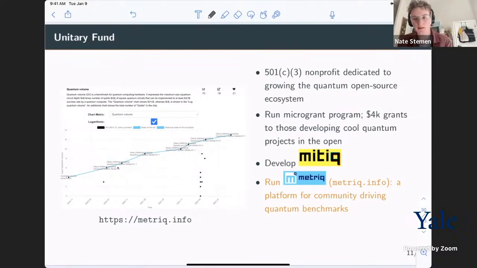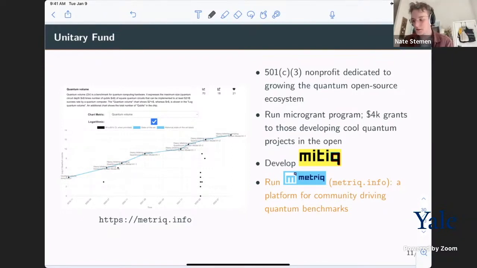The idea being that as we are building as an entire ecosystem and as a community, as we're building quantum computers, some of them are going to be better at certain things than others. And it's important to understand which computers are good at which different types of things, and who has achieved the highest quantum volume and these kinds of things.